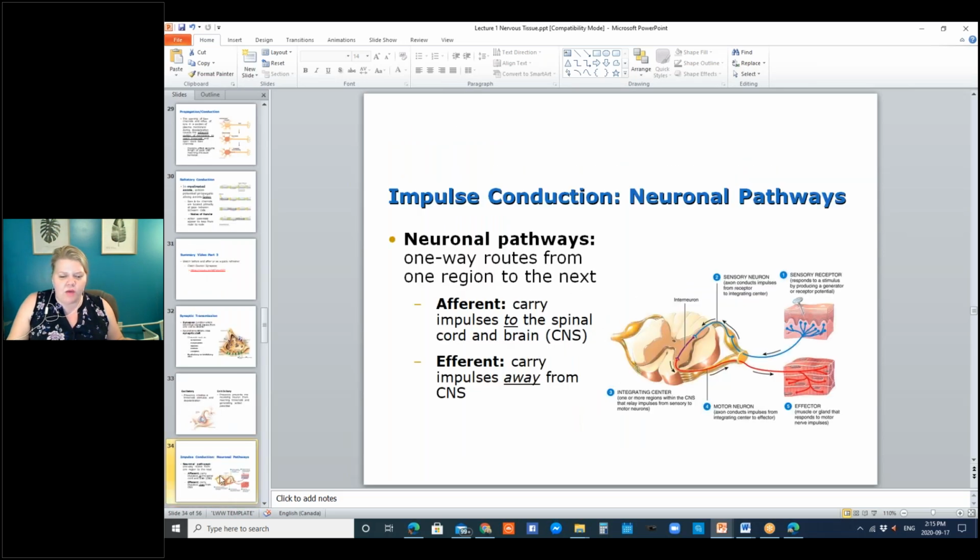Okay, so that's where things get complex, is this purple interneuron, which can be very numerous and actually transmit a signal from one stimulus to many different locations inside that central nervous system, different areas of the brain and spinal cord, and to make a more complex decision about how that impulse should be distributed along the efferent pathway.